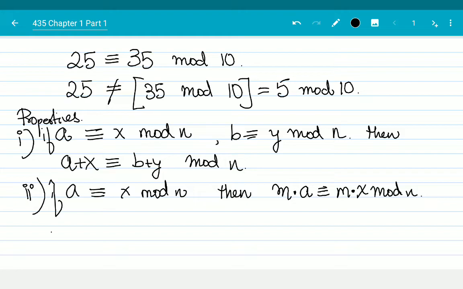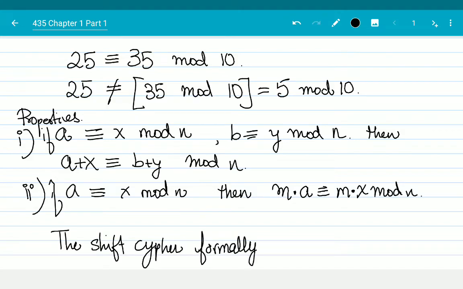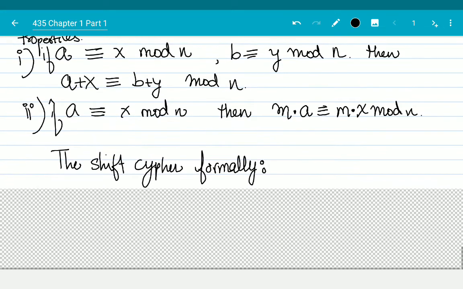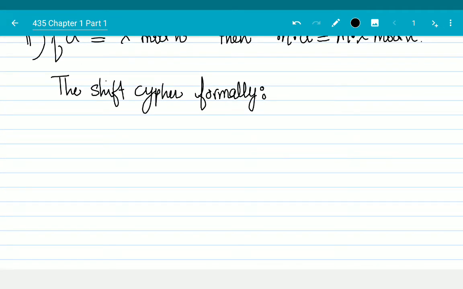And in our case, the shift cipher formally is going to look like this. First, if I go by how to write an encryption system, I need a message space.